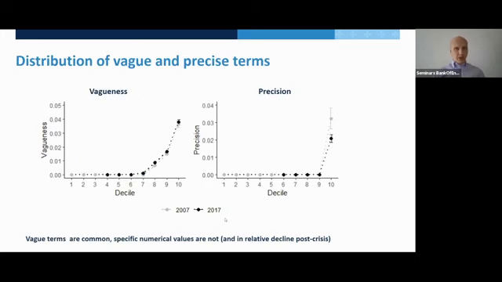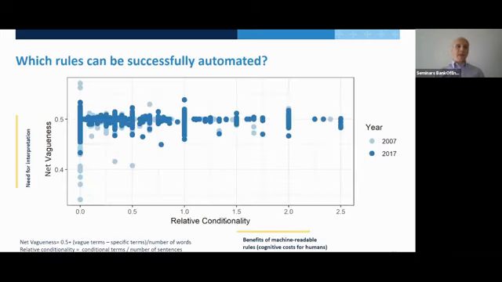So we also measured the occurrence of vague or precise terms, and we found that vague terms are common, while specific numerical values are not, and they are in relative decline post-crisis.